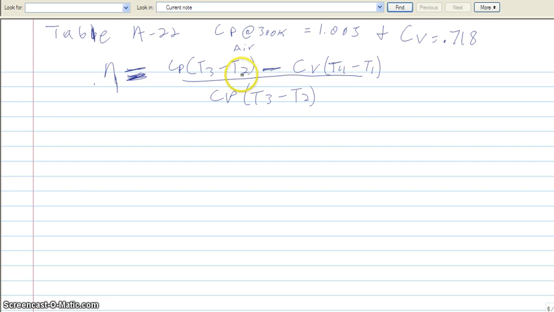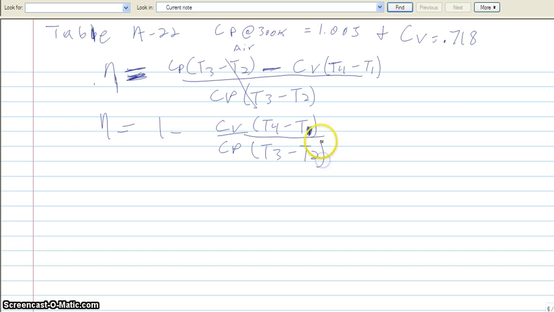Now we can do some algebra here and reduce it a bit: 1 minus Cv over Cp times (T4 minus T1) divided by (T3 minus T2).